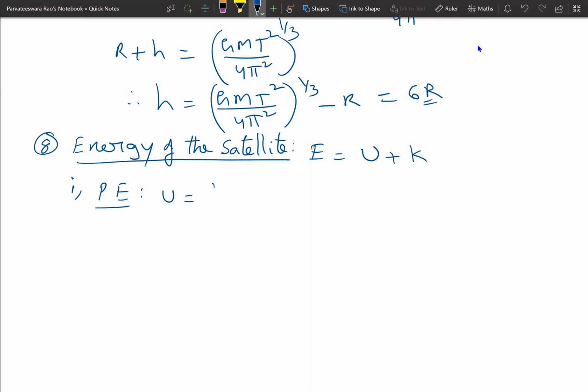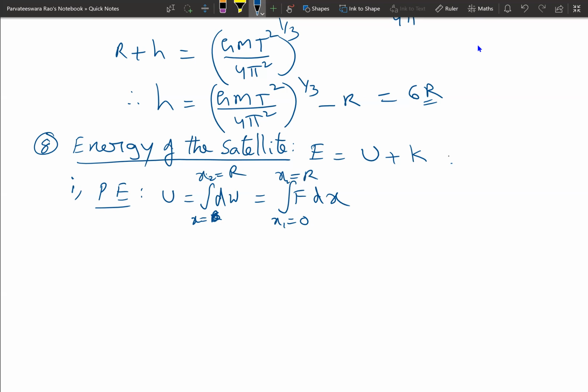It is nothing but work done in shifting it from Earth's surface, say 0, to the very nearby altitude. This is integral f dx, from x1 equal to 0 to x2 equal to r.